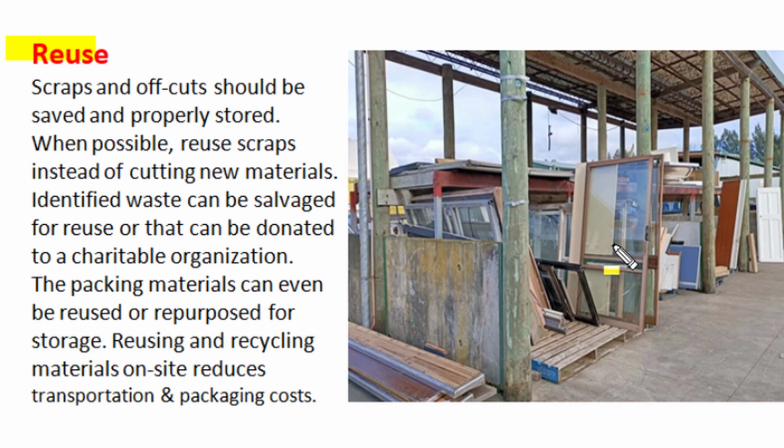We can also use packaging material again and again, which not only saves construction waste but also reduces our packing expenses. When we reuse material on site, it reduces transportation and packaging costs too. So reuse of scraps and offcuts is a very wise step of construction and demolition waste management.